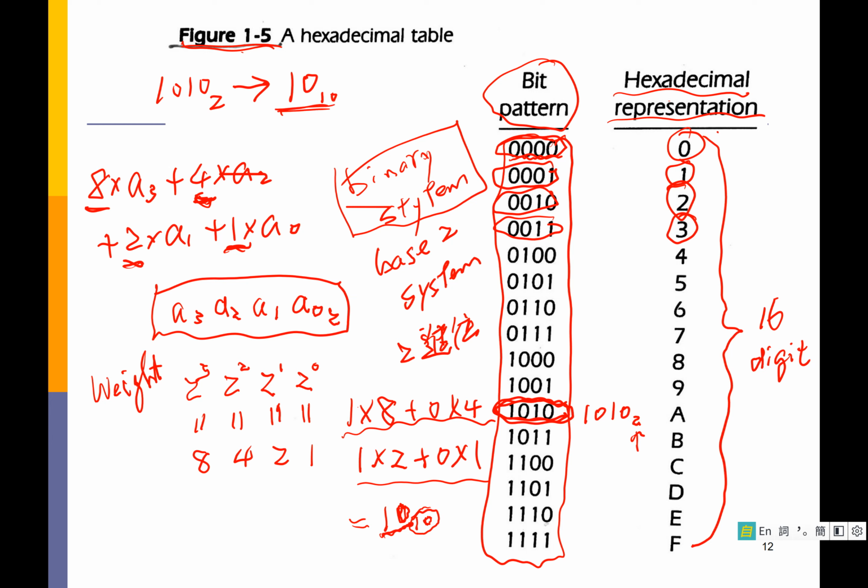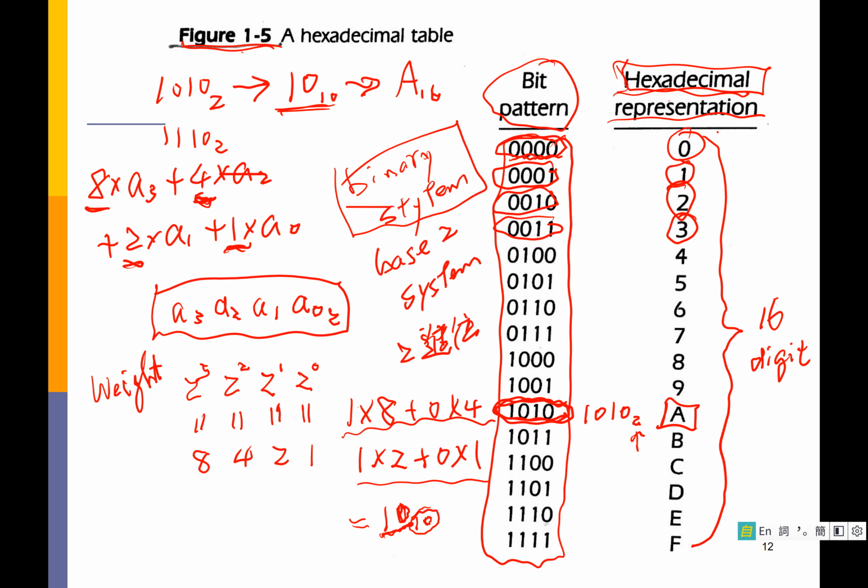Now, in base 10 system, the representation is 10, but in hexadecimal system, the representation is capital A, which I translate into base 16 system or hexadecimal system. The representative became A. Similarly, I can get another example, which is 1110, a base 2 number.